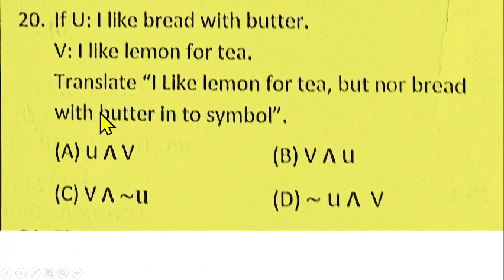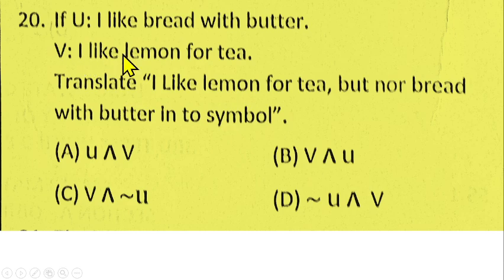Question number 20 is still on logical reasoning, propositional logic. P is a proposition that says I like bread with butter, and V is a statement that says I like lemon for tea. Translate "I like lemon for tea but not bread with butter" into symbols.